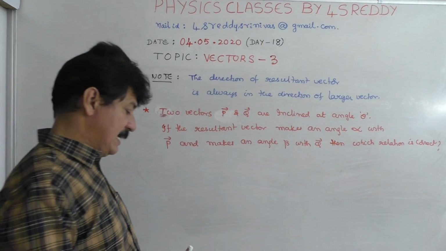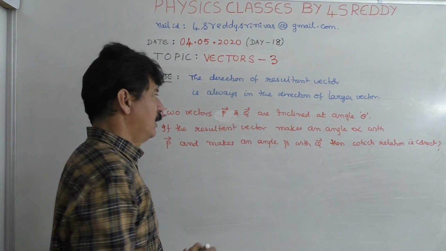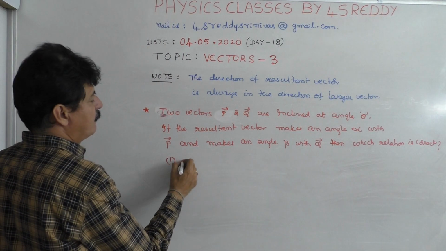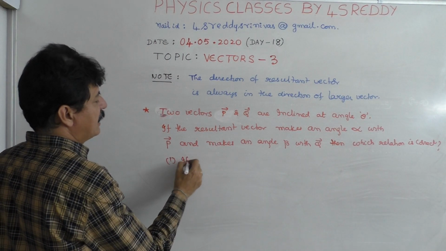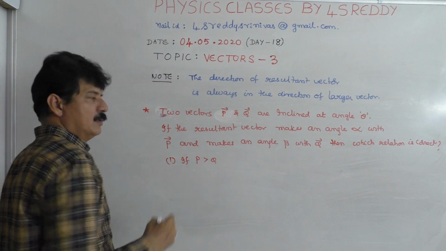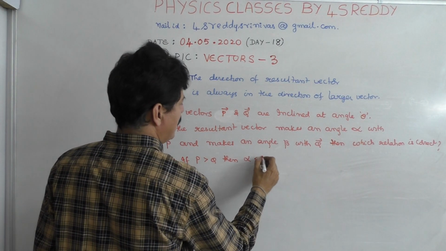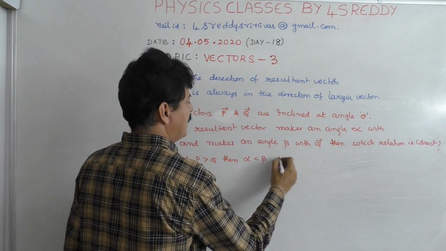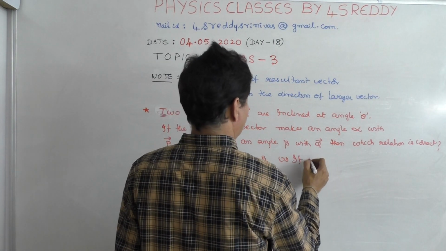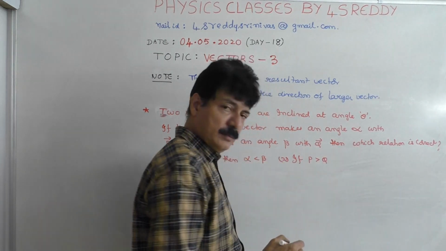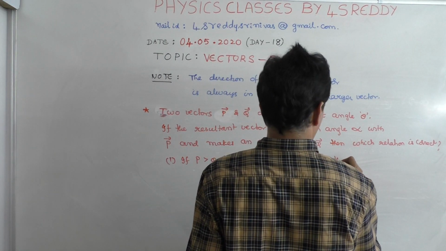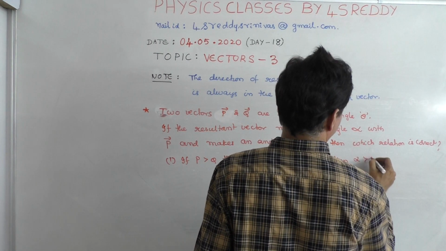You may be given options like this. First one, if P greater than Q, then alpha less than beta. Second one, if P greater than Q, then alpha greater than beta.